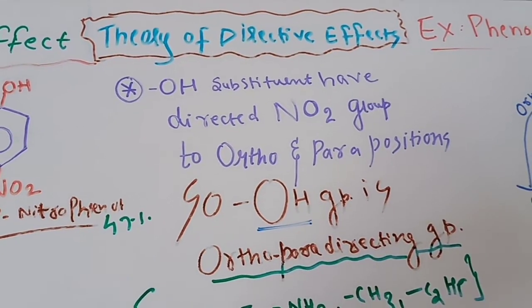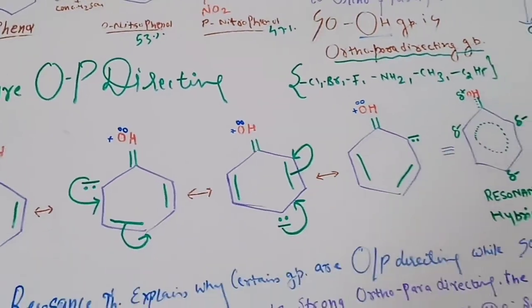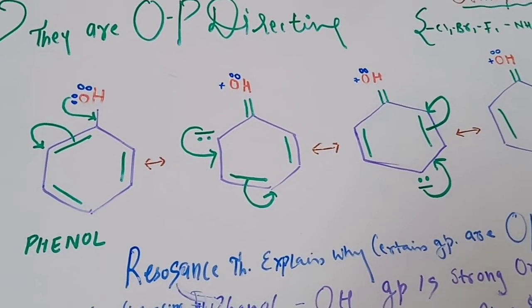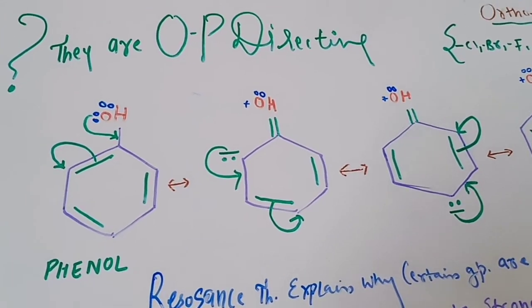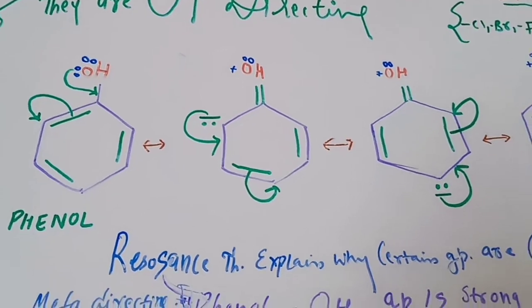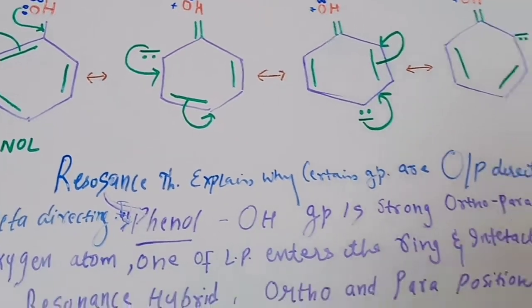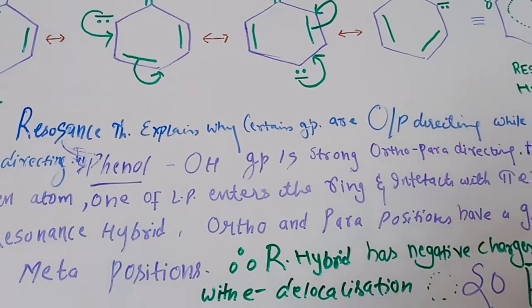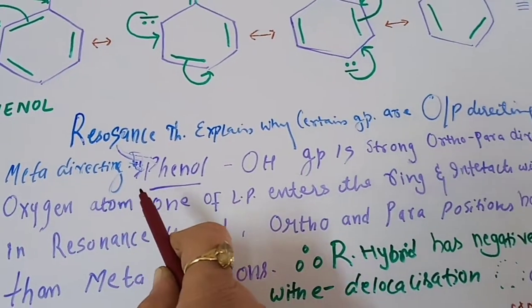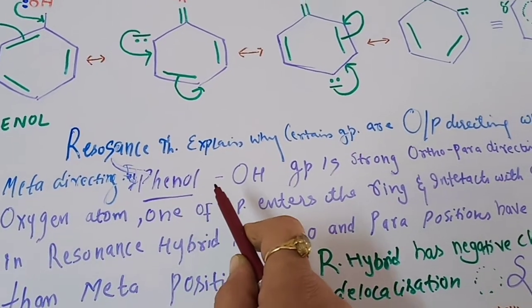We have already studied the resonance concept in detail. Here, the resonance theory explains why some groups are ortho-para directing groups, while some others are meta directing groups. We will see this in the example of phenol.